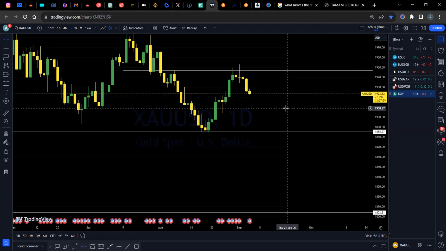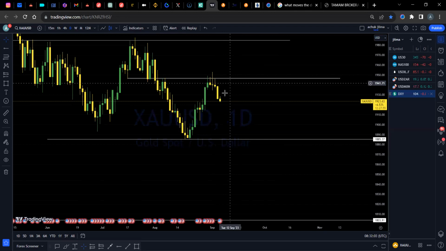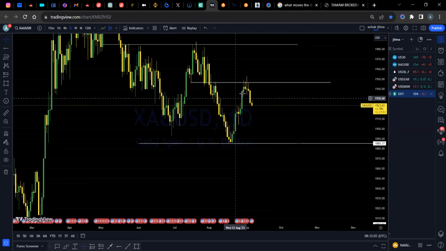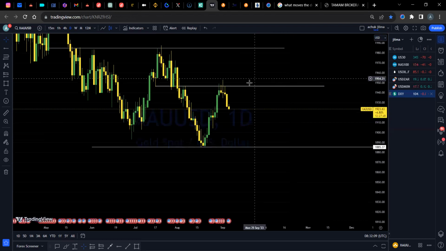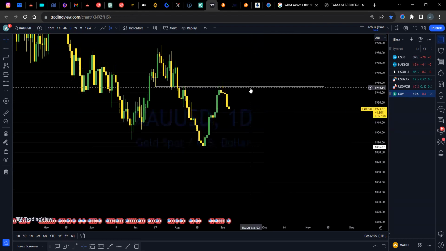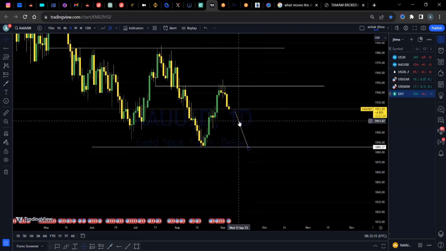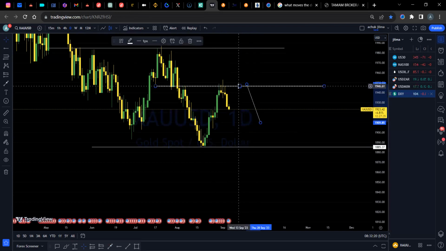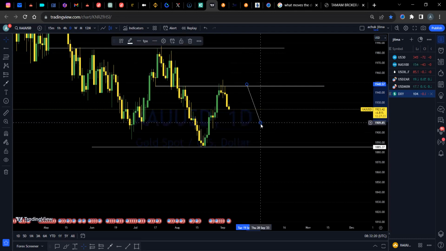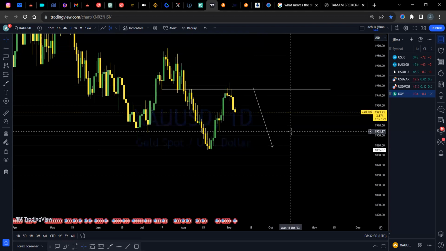So there's a possibility of gold coming back to these lows here, depending on how it is moving now. As long as this area is not being taken out, there is a possibility of gold pushing all the way up to this area here, but we will see more price action. If it comes back up here and doesn't take this out, there's a possibility of gold continuing to come down all the way to here.